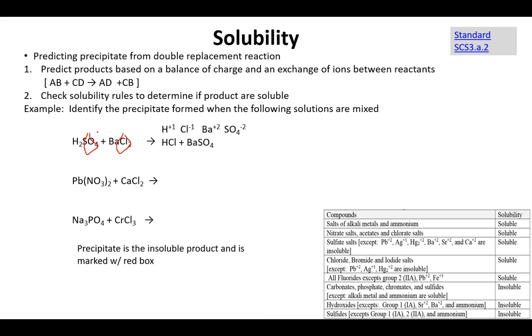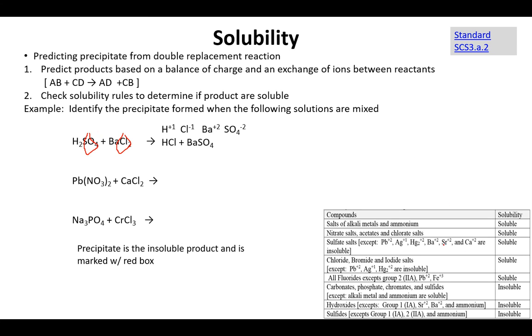So let's look at our solubility rules. HCl: H, though technically it's not a metal, it is in the first group. Therefore, it's going to be soluble, therefore it will be aqueous. So let's look at our barium sulfate. Let's check the sulfate rule.